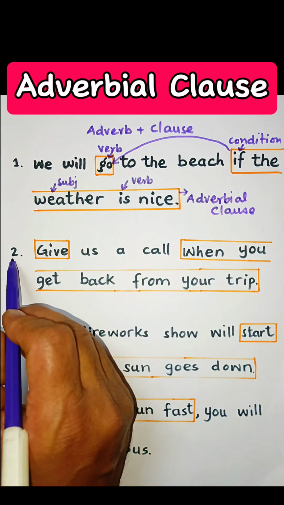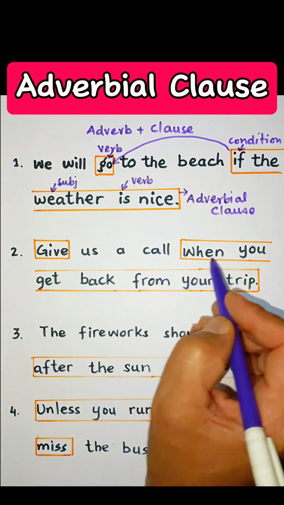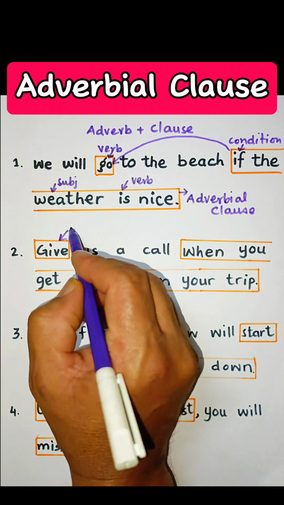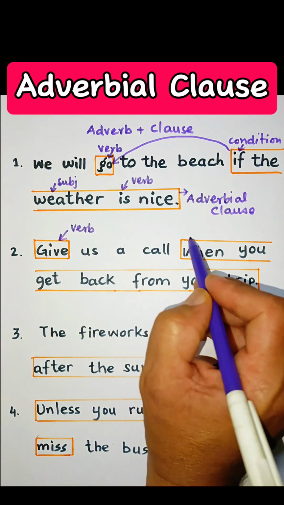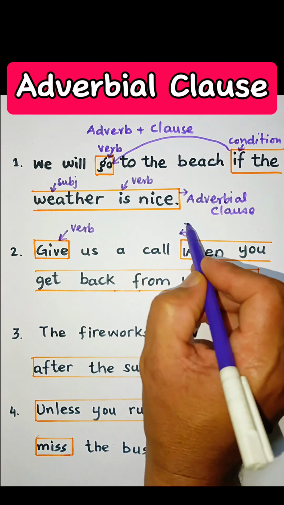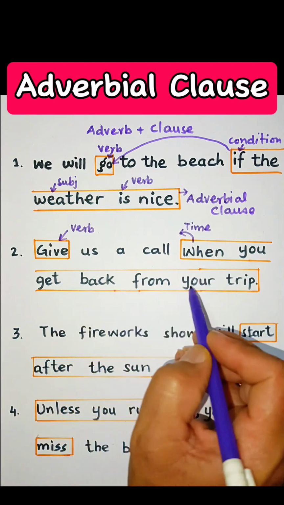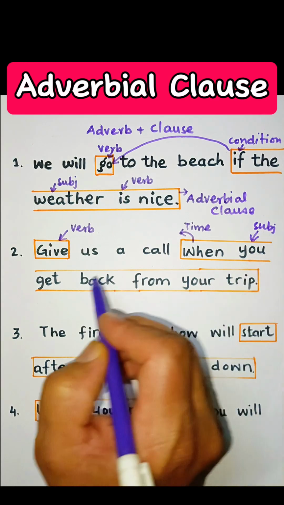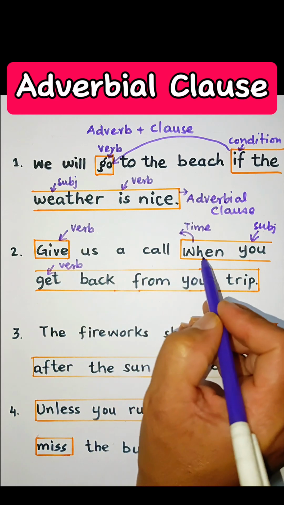Now look at sentence number 2. Give us a call when you get back from your trip. So over here you can see that give us a call is the verb. The word when shows time, when to give that call, when you get back from your trip. Here you is the subject and get back is the verb, so it is a clause.